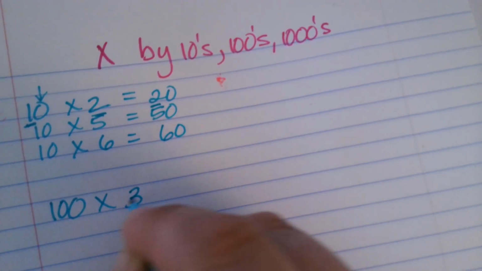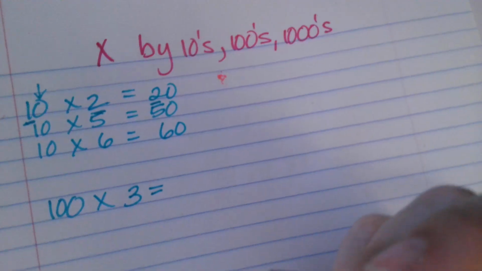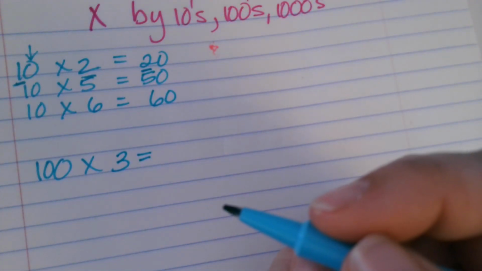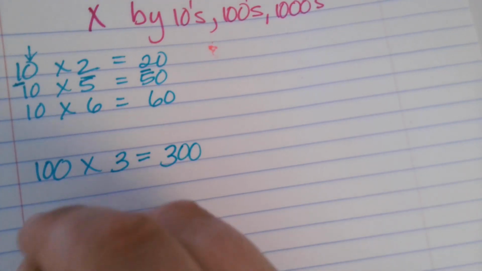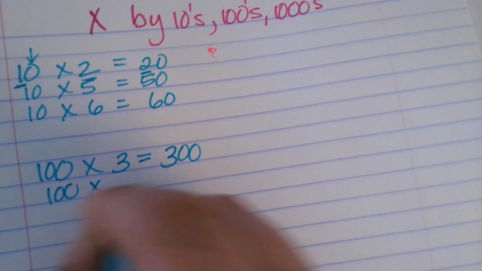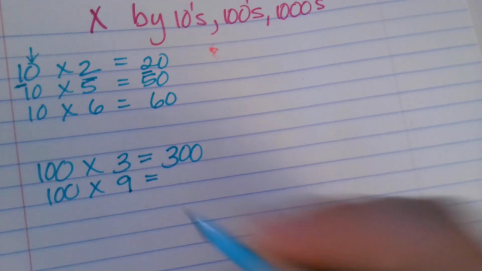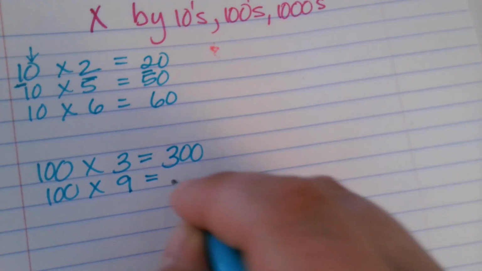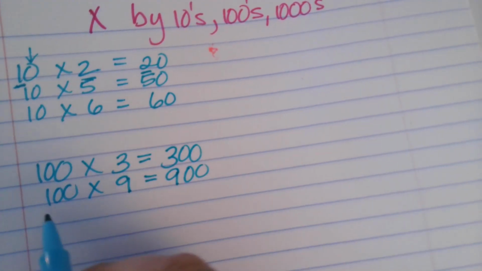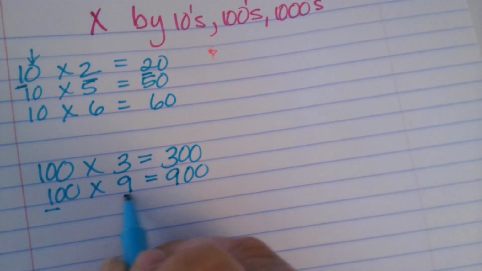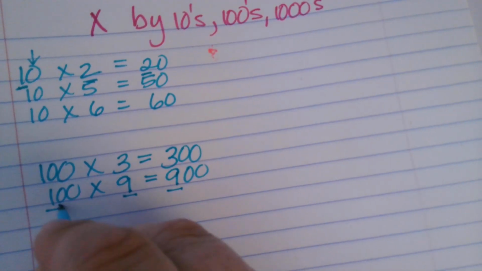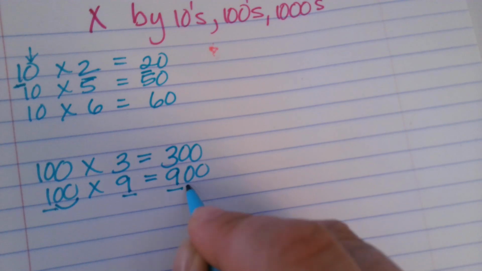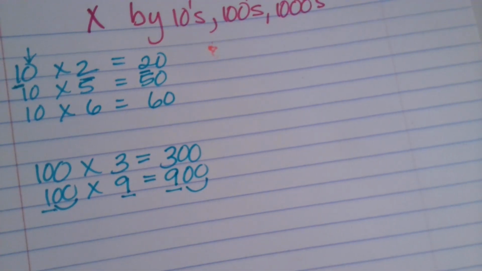If I say 100 times 3, I'm going to get 300. 100 times 9, I'm going to get 900. You're going to see the same pattern. 1 times 9 gives you 9, and then you've got 0, 0.